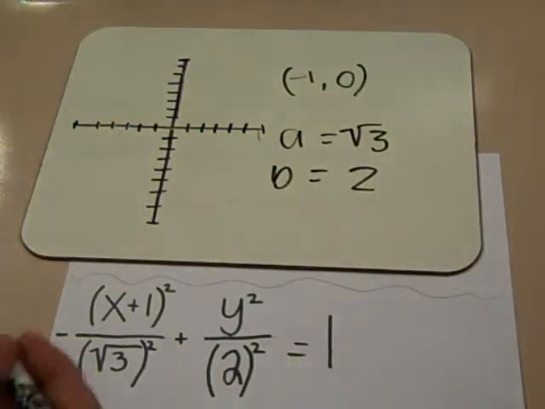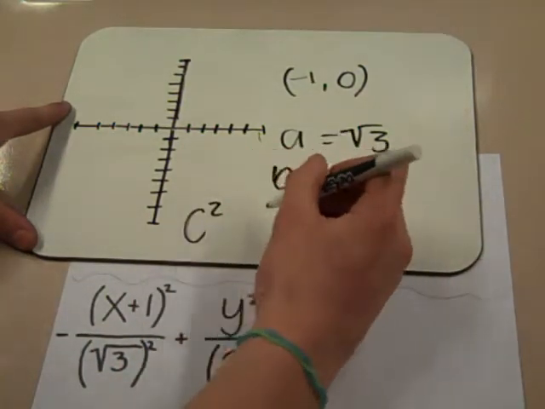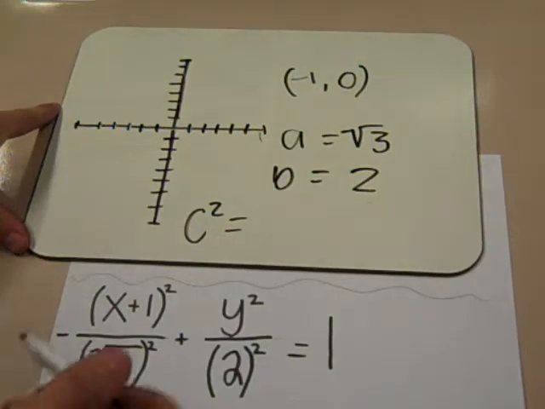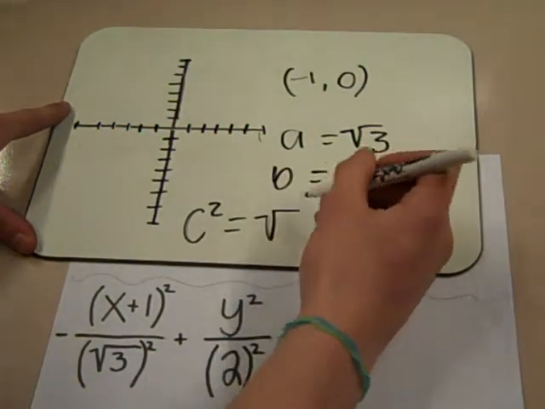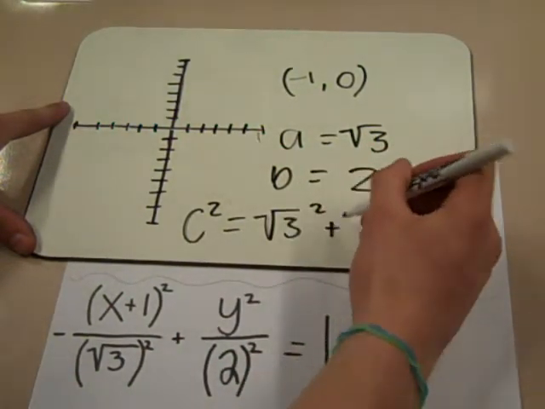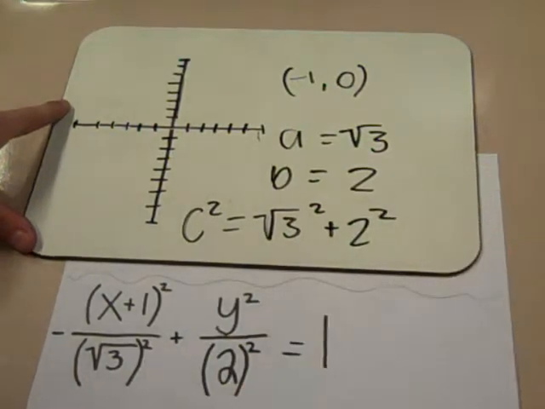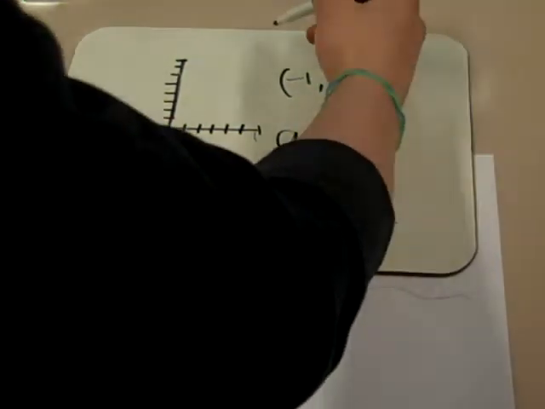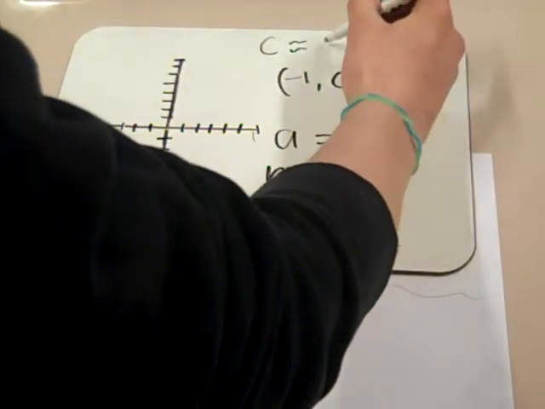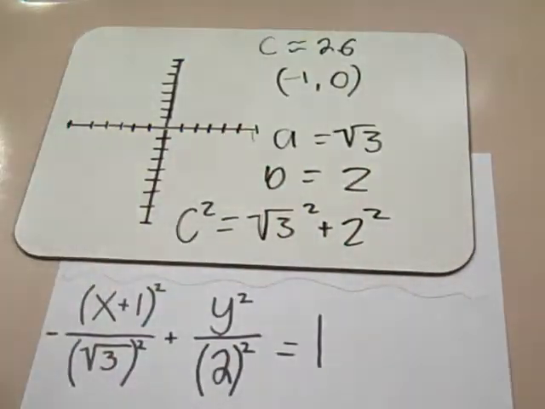You can then use these two to find c with the equation c squared equals a squared plus b squared. After solving this, c comes out to equal approximately 2.6.